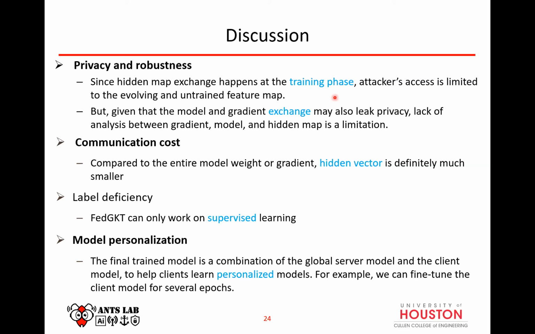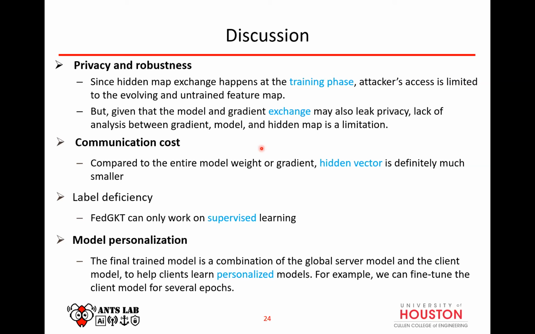While that is a plus point, the minus point is that given that the model and gradient exchange may also leak privacy, any lack of analysis between these hidden maps or the gradient is a limitation because that analysis is really not explored much. So you can still argue that there can be some leakage of information and some attack can take place.